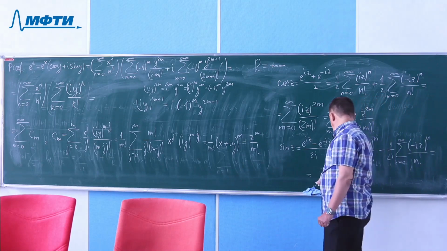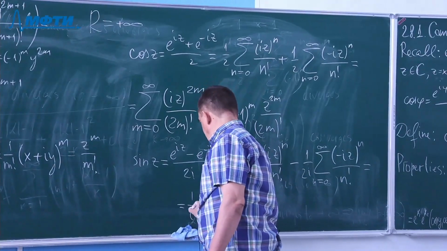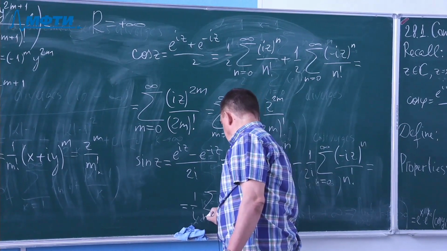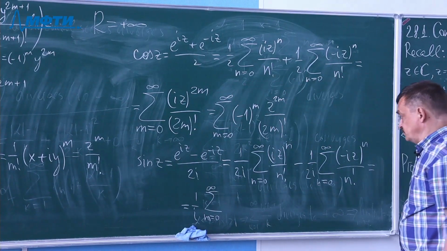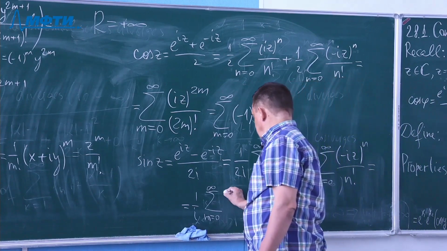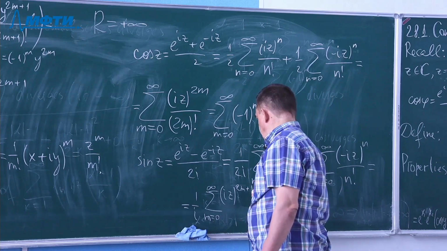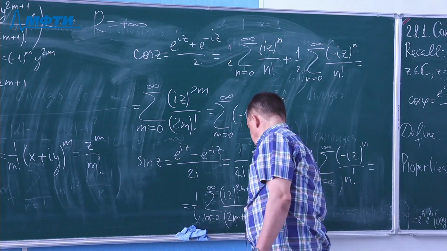So 2 equal terms, it means we cancel 1/2. We have 1 over i times the sum for m from 0 up to infinity. So only odd terms remain: iz to the power 2m plus 1 over 2m plus 1 factorial.